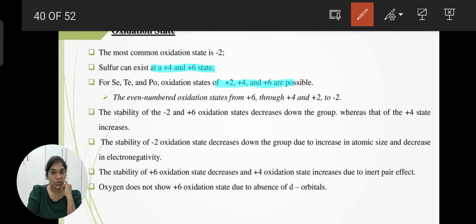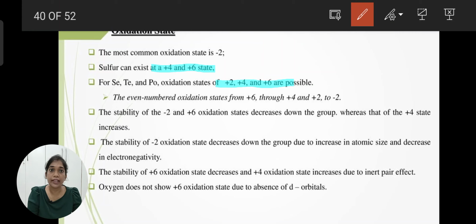Okay, so oxygen and sulfur mostly show negative oxidation state, -2, but as we move down the group, the positive oxidation states, that is +6, +4 or +2, increase down the group.